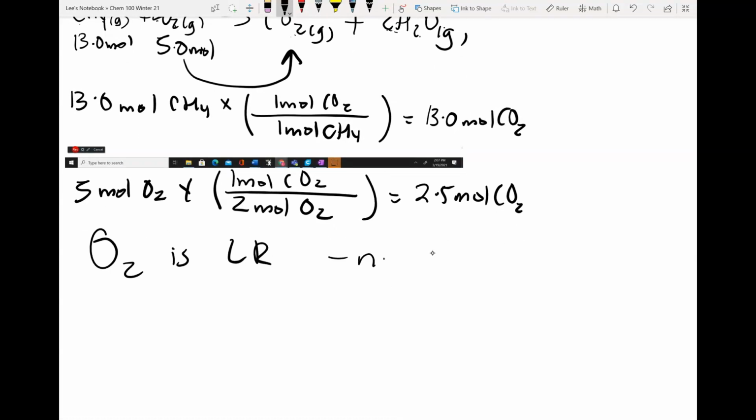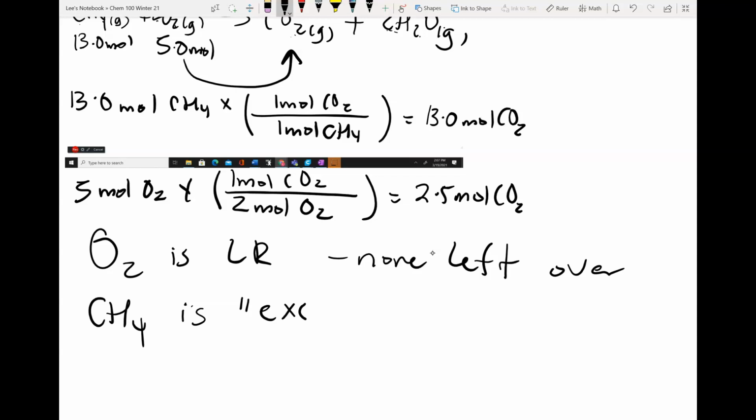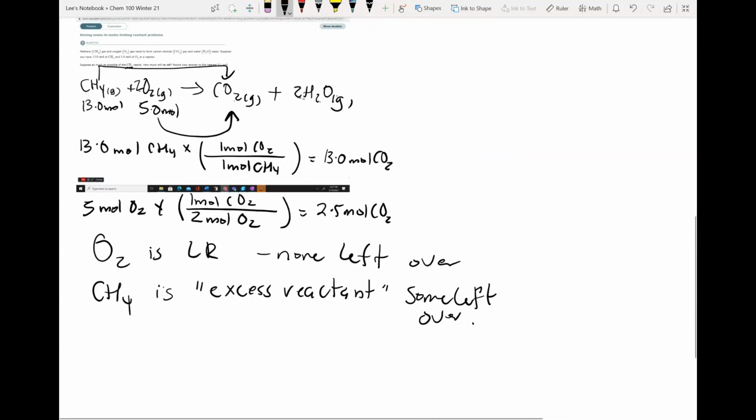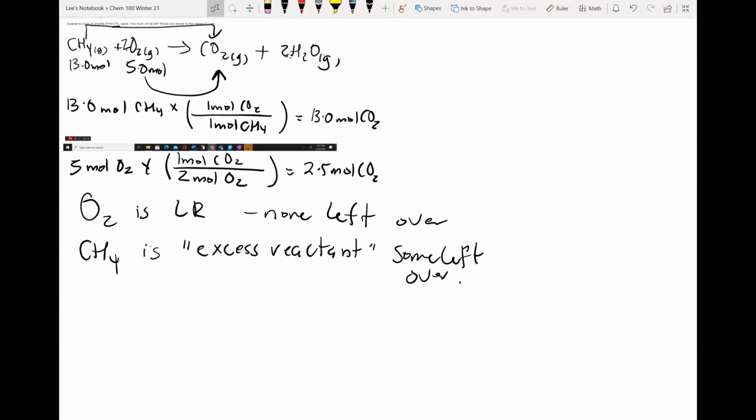And that means that there is none left over. It also means that methane is what we call the excess reactant, and some is left over. So our job is to figure out how much is left over.